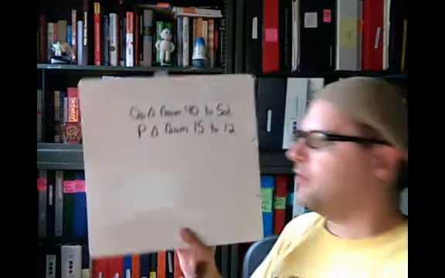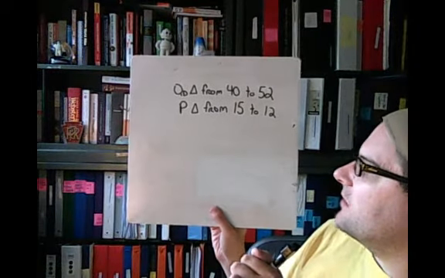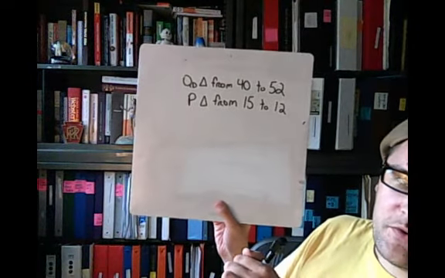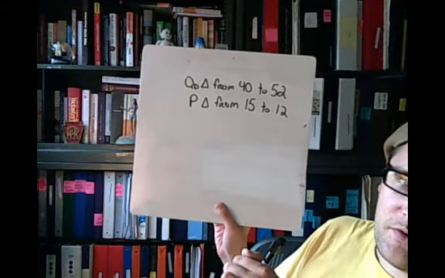The way that you would be given this is that you could be given quantity demanded changes from, I have here my quantity demanded increasing and my price falling. So take a few moments, start to calculate that. I'm going to pause this and I'm going to come back with the solution.